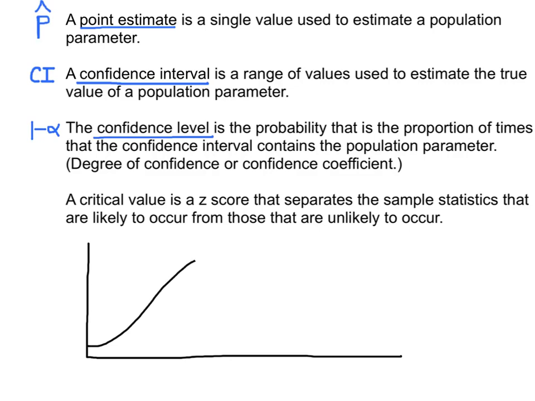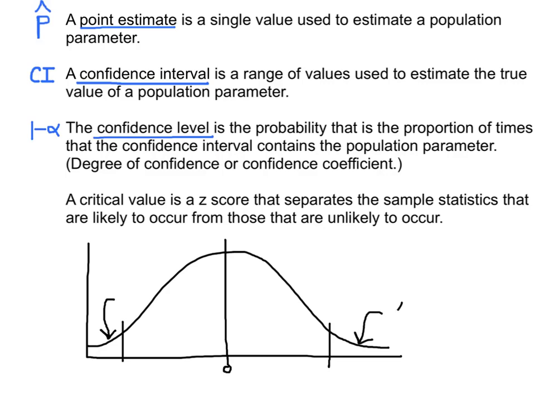If this is the center of our normal distribution where our z-score is 0, we're talking about the area to the left and to the right of 0, which is 100%, 1 minus alpha, and alpha would be these areas here, to the right of that line and to the left.